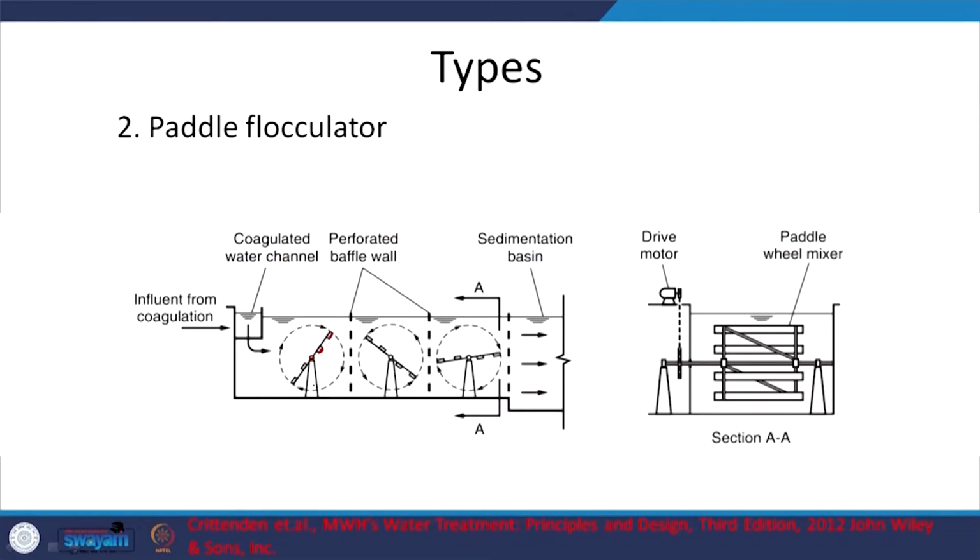So you are going to have differential velocities being imparted to the fluid, and then you are going to have mixing. Again, water coming in through water channels, so that there is less short circuiting and also gentle flow, and a perforated baffle wall, again to create ideal flow conditions and prevent short circuiting in general, and then it goes to the sedimentation basin.